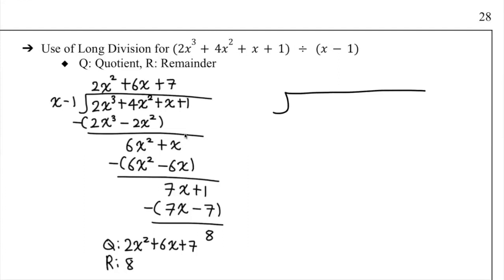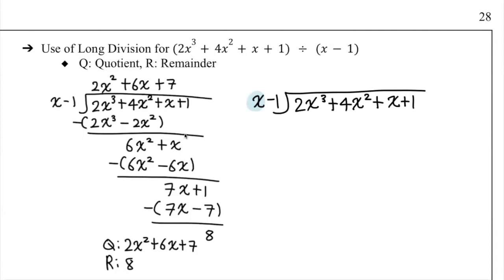You're going to write the division symbol, and you're going to write the dividend here. You're going to write the entire expression, not just the coefficients. And you're going to write the divisor on the left side. First, just like numerical divisions, you look at the leading term of the divisor.